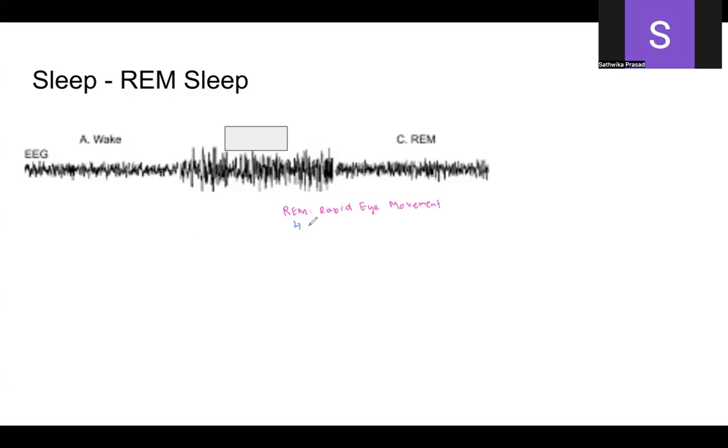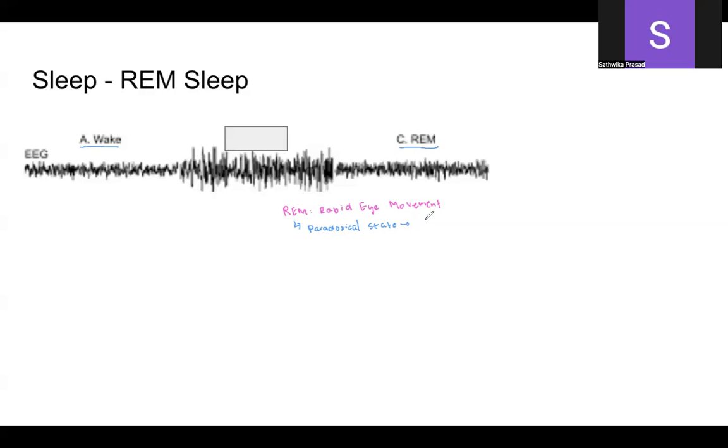But REM sleep is known as a paradoxical state of sleep. Because as you can see here, both the wake and the REM state look pretty much identical, right?